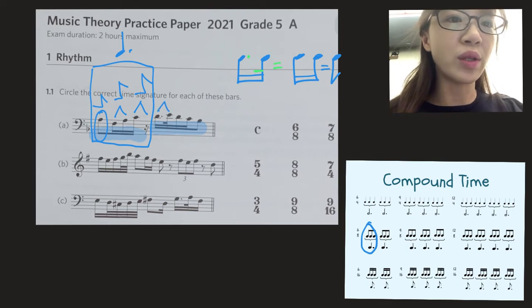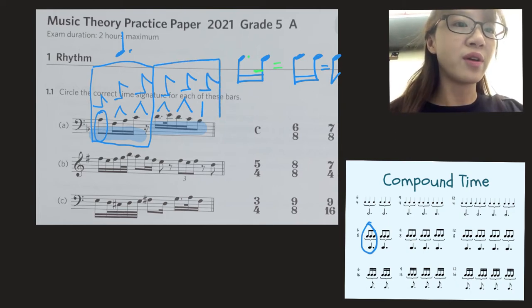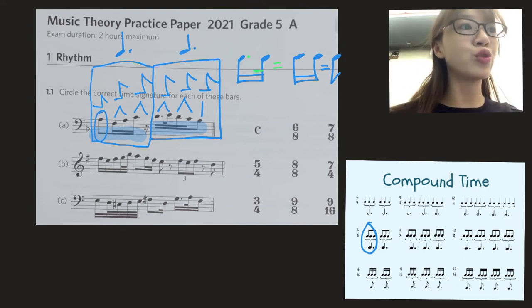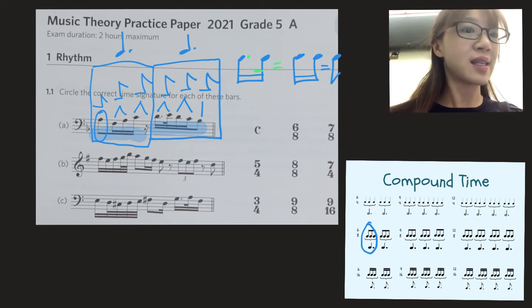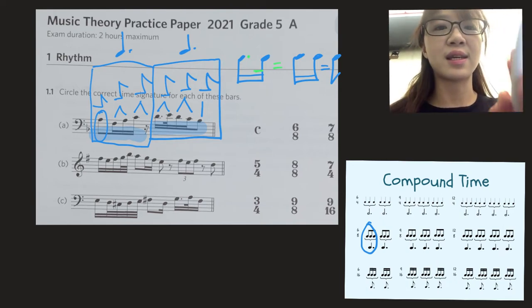So this is 1 quaver, followed by another quaver, followed by another quaver. These 3 quavers give you 1.5. So you have 2 groups, so 1.5. 1, 2, 3, 4, 5, 6. 6 quavers. The answer is 6, 8.